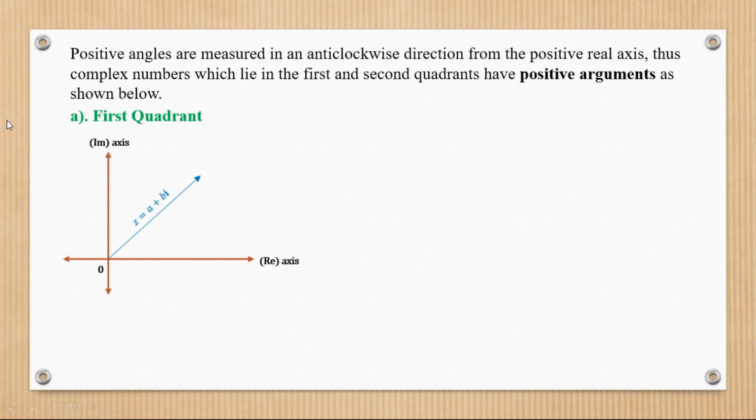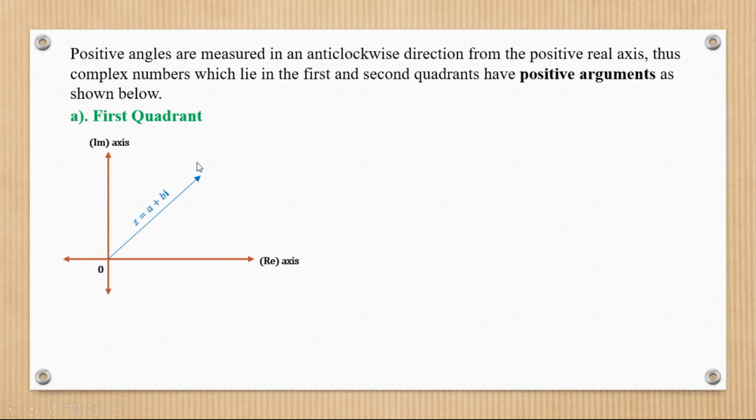So now here is an example of a complex number where we have a positive a value and a positive b value. Now that means they're going to be in the first quadrant. That is because just like in any other number line diagram, this first quadrant here represents the region where all values of the horizontal and the vertical are positive. So this is going to be the first one.